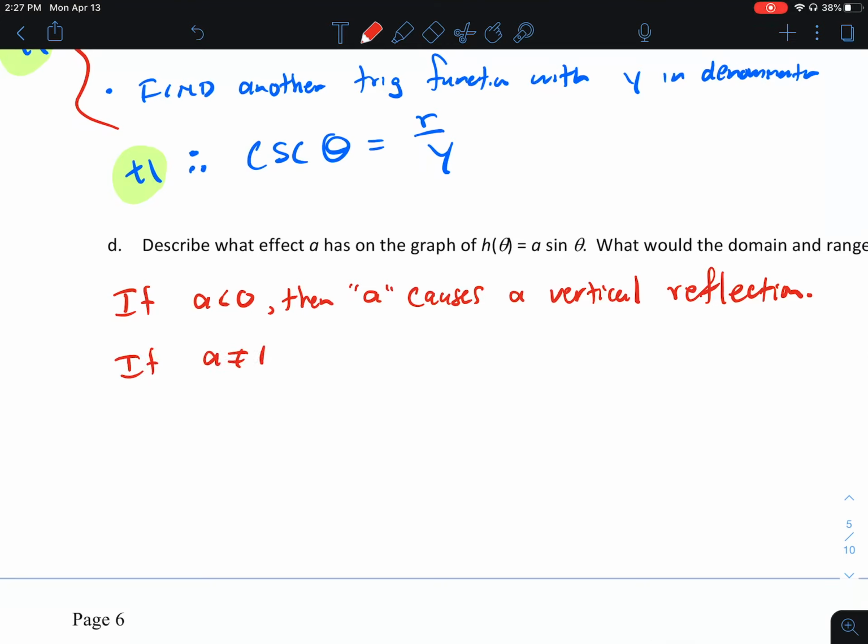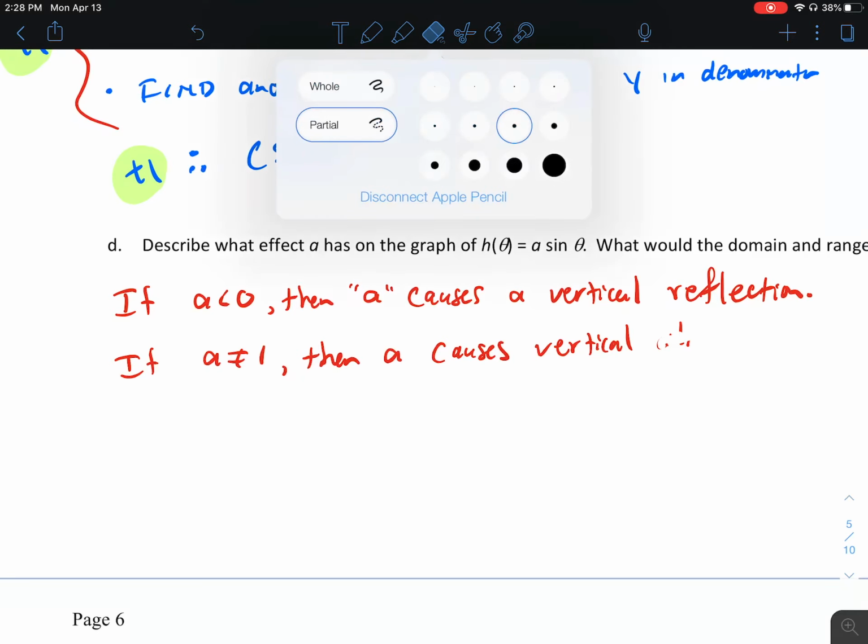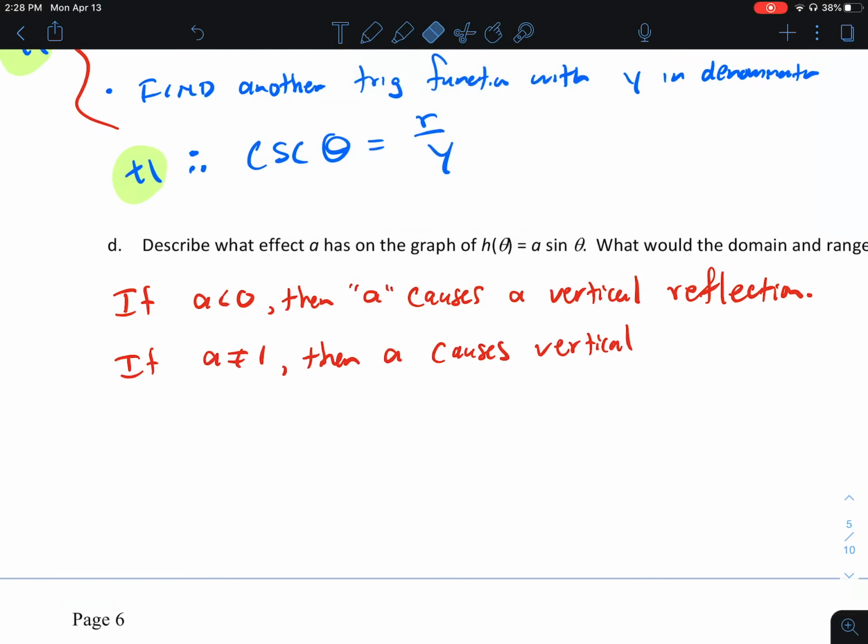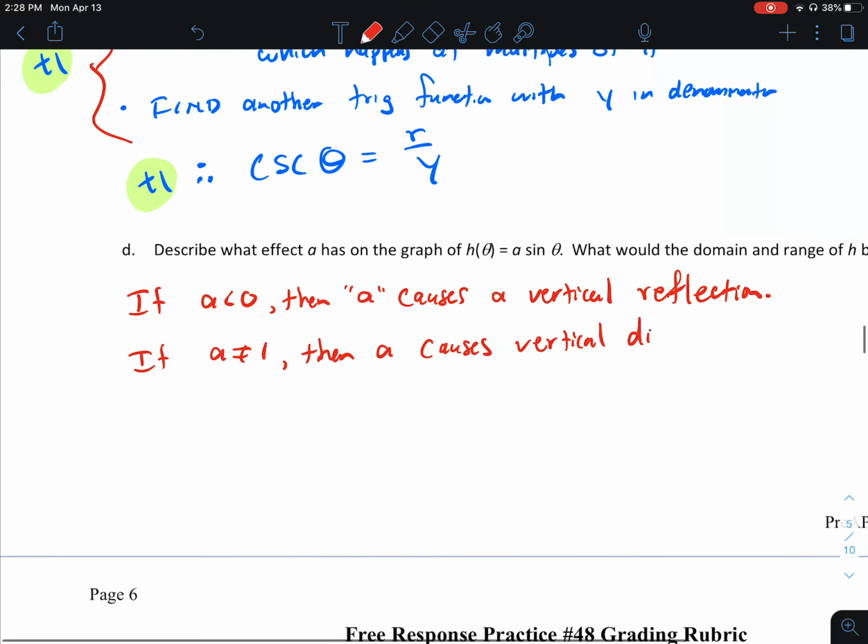If a isn't 1, then a causes vertical dilations. I forget the terminology we've used for this class. If we said dilations or stretching or shrinking, I'm going to go with dilation. If we use something different, then that's fine. Then A causes a vertical dilation.